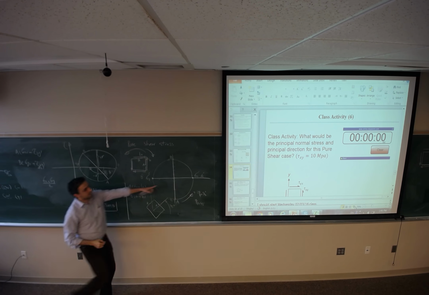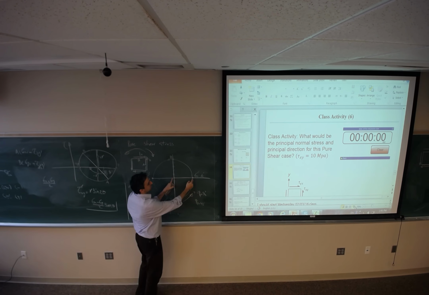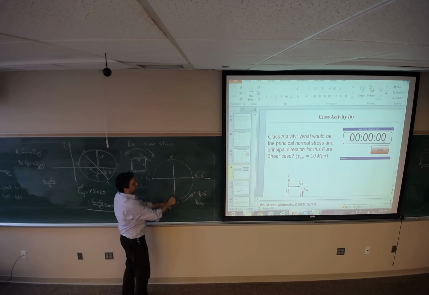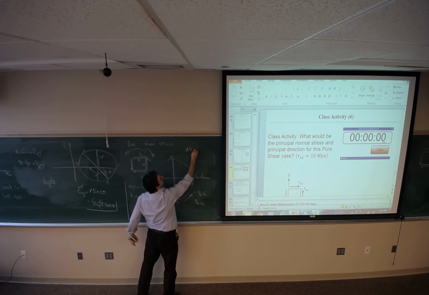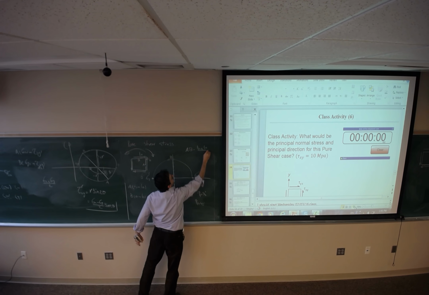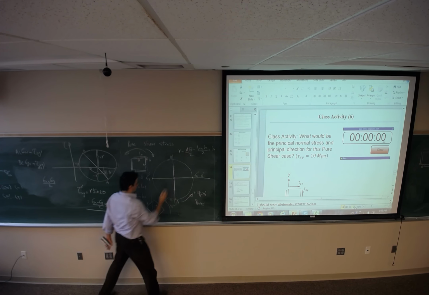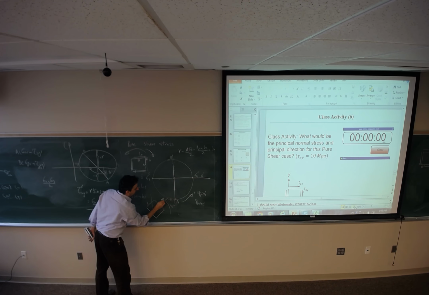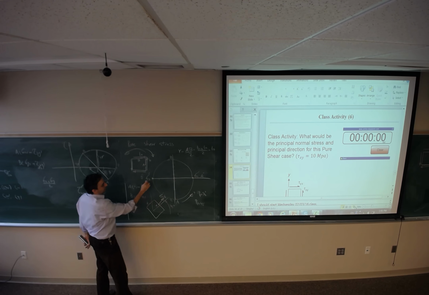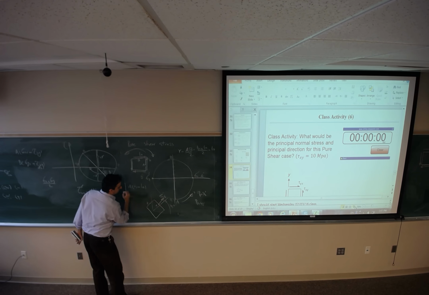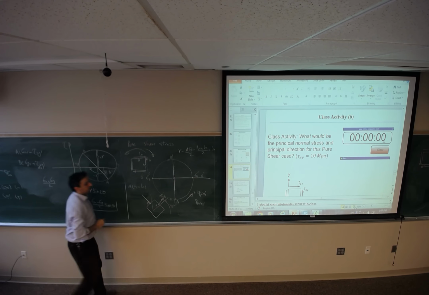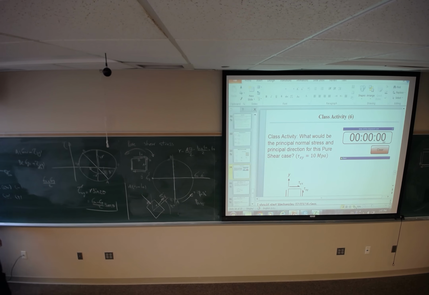Point A is going to see this value, which is equal to the radius, half of AB. AB is 10 plus 10 divided by 2. The radius is going to be 10. So sigma prime 1 is positive 10, and sigma prime 2 is going to see negative 10, which represents compressive stress.